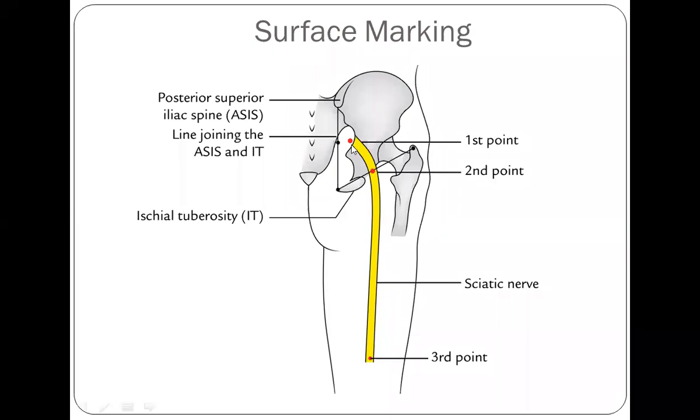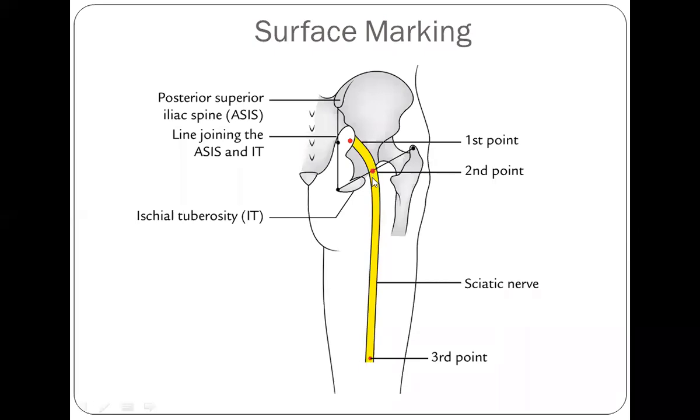So you have to mark points 1 and 2 and connect both points with a curved line, which is 2 centimeters wide. That will be the surface marking of the sciatic nerve in the gluteal region.